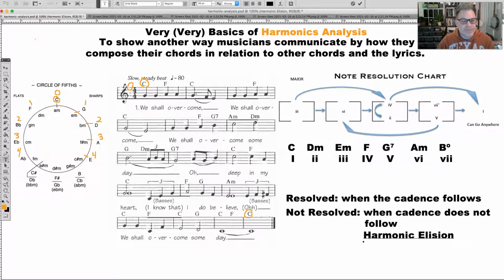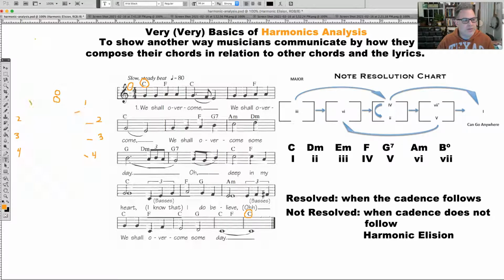Okay? So let's take a look and see what happens when we start to do an analysis of the cadences and the chord structure of We Shall Overcome. Now, we no longer need the note resolution, the circle of fifths. So I am going to take that away. Goodbye.